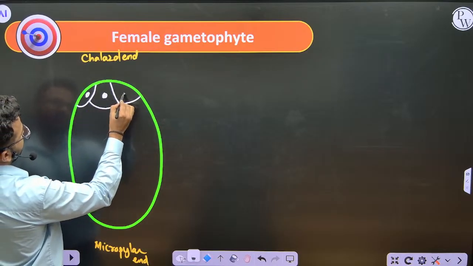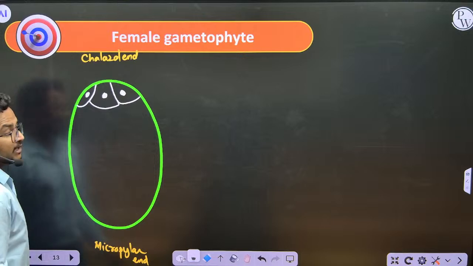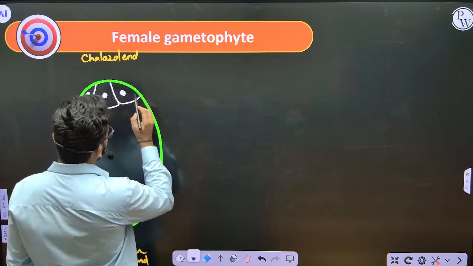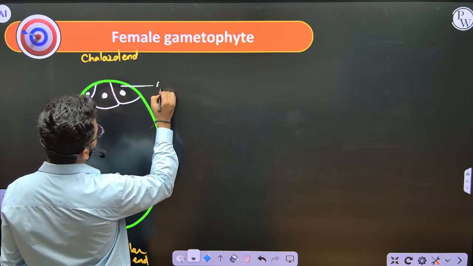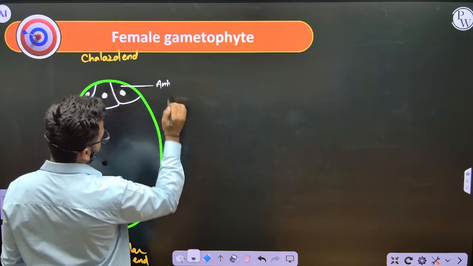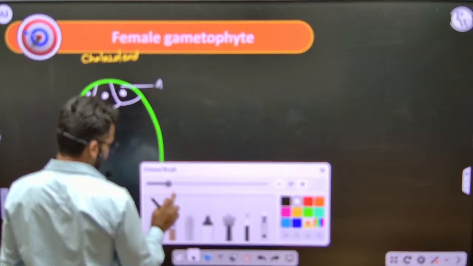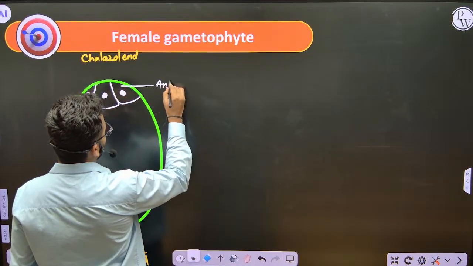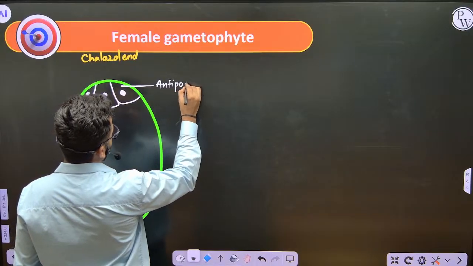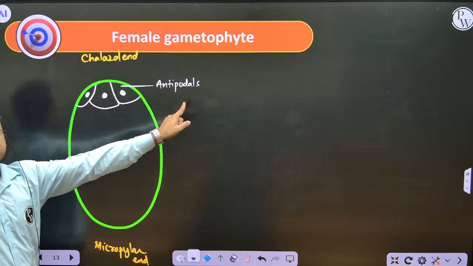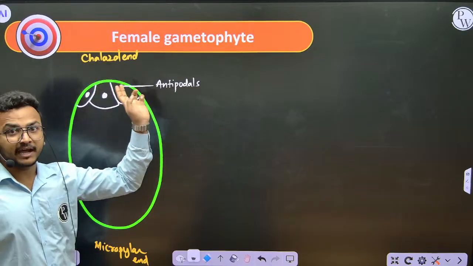That we call antipodals, or antipodal cells. So 3 antipodals are there. At the chalazal end, antipodals are there. Remember always: chalazal end, antipodals.